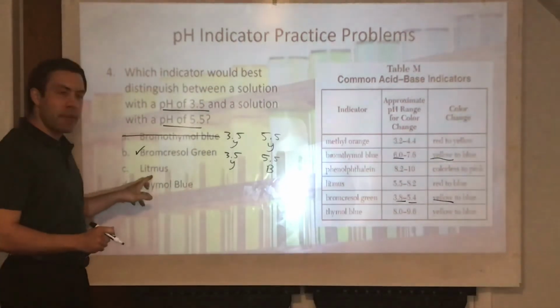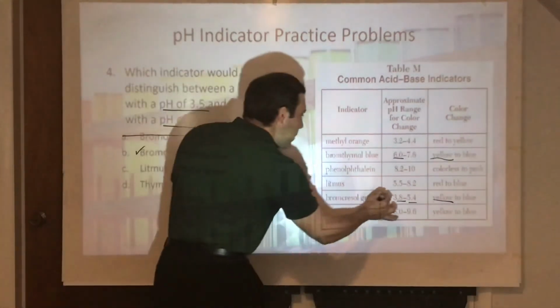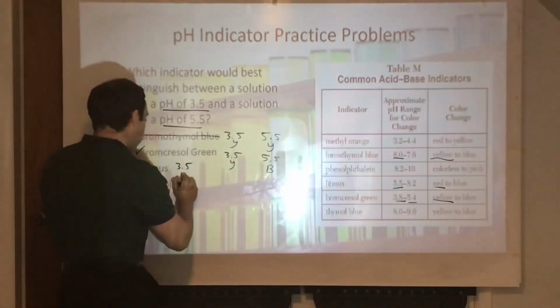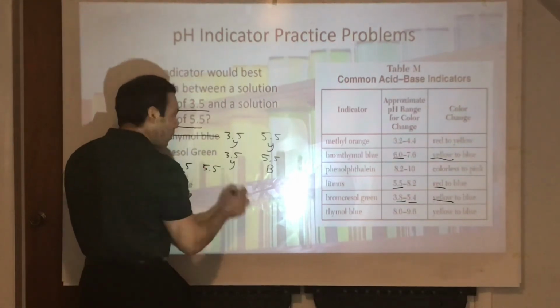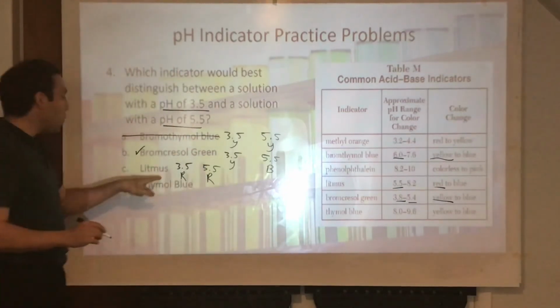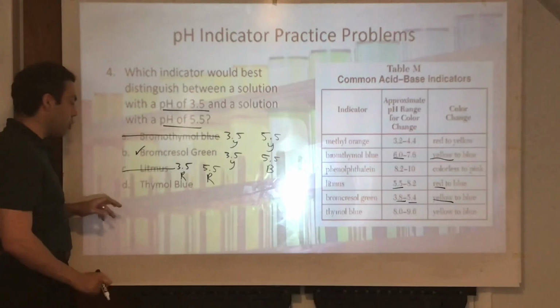Let's take a look at litmus. Litmus at 3.5, that's below 5.5, so it's going to be red. And at 5.5, litmus is also going to be red. So litmus would not be a good indicator for this range.